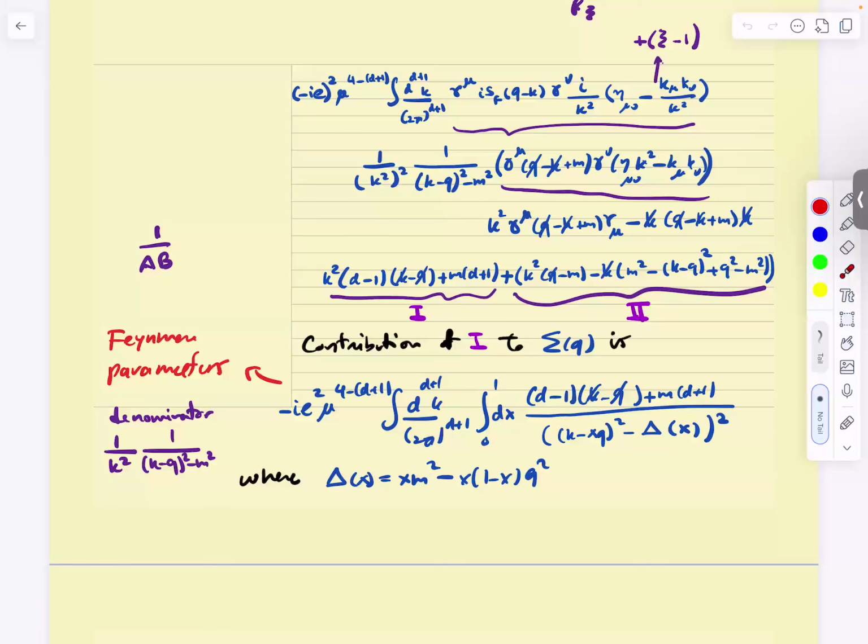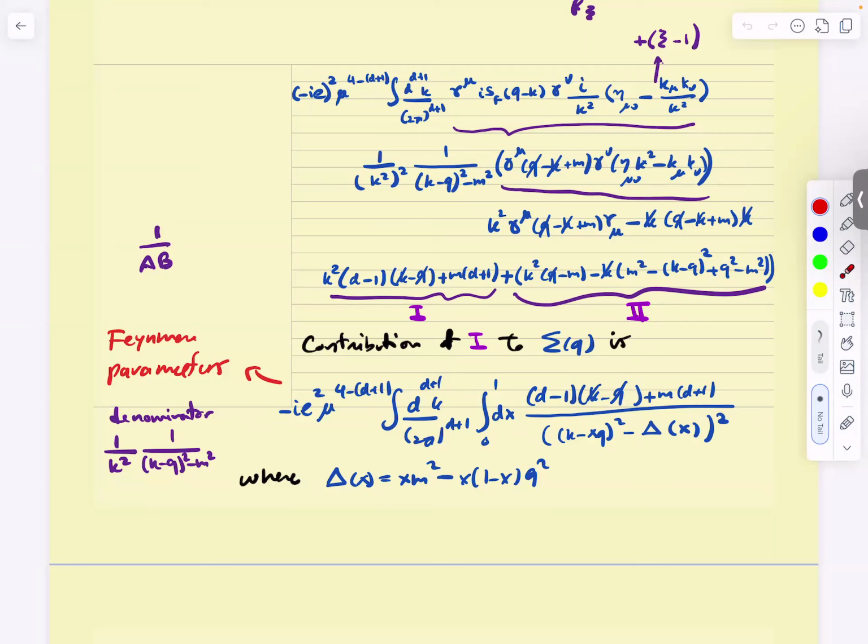Any questions? So let's focus on the first term. And what we're going to do is use the Feynman parameterization. The Feynman parameterization will give us this expression, integral 0 to 1 dx. What is downstairs, right?